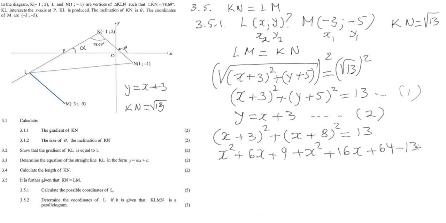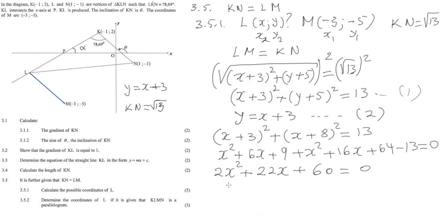Then you transpose, minus 13. Here it will give you 2x squared, and if you add these two, you have plus 22x, and if you add 9 plus 64 minus 13, this will give you plus 60 equal to 0.